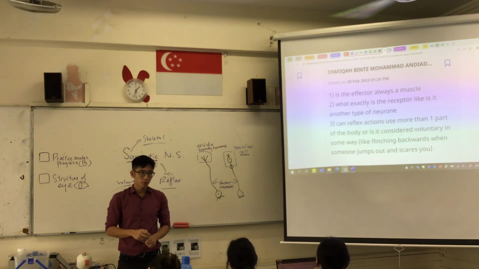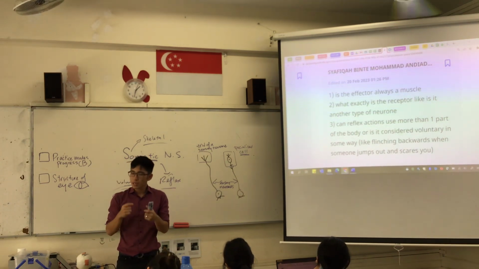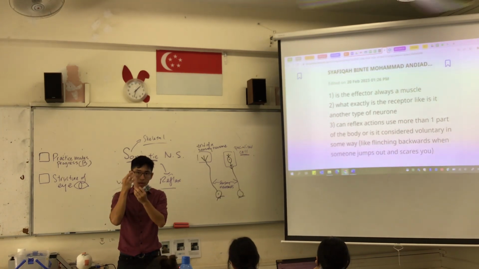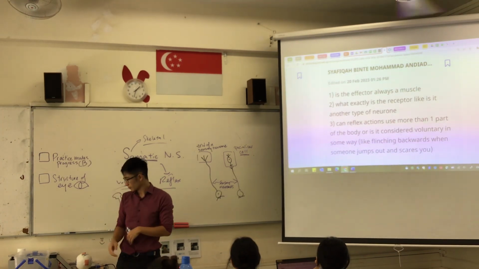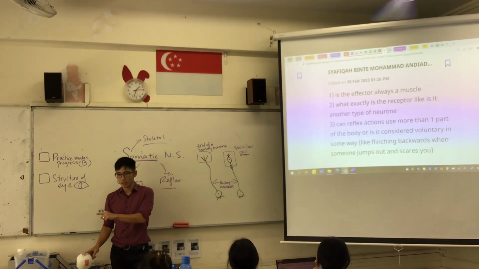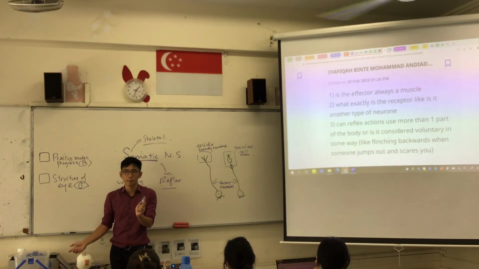For example, for you to be able to see things clearly, I think multiple reflex actions are occurring to control various parts of the eye. So I think one reflex action is for one action, but one stimulus can stimulate multiple reflex actions at one time.